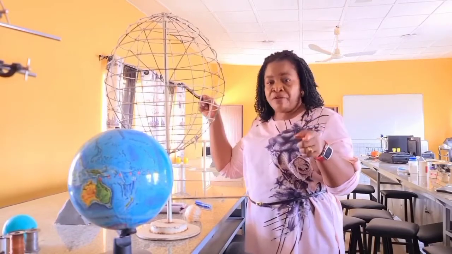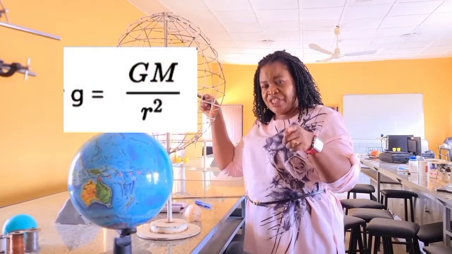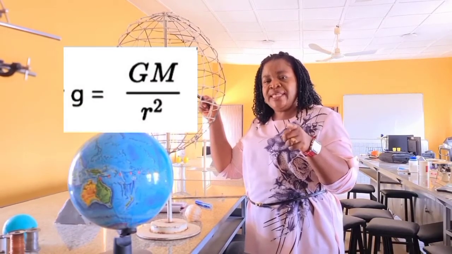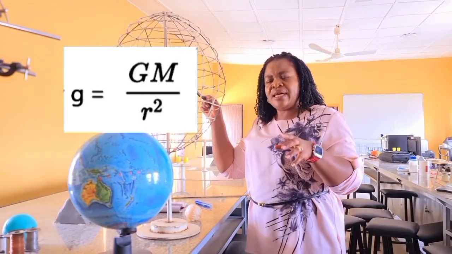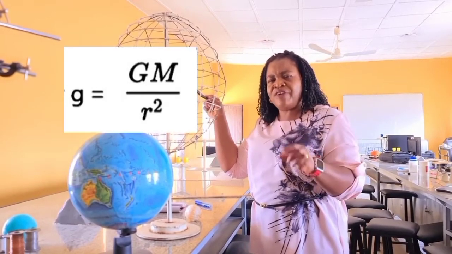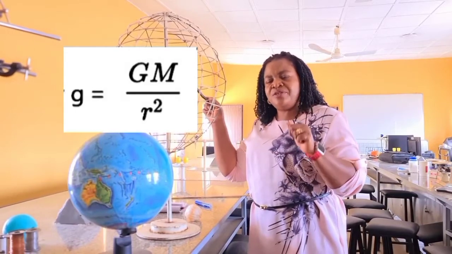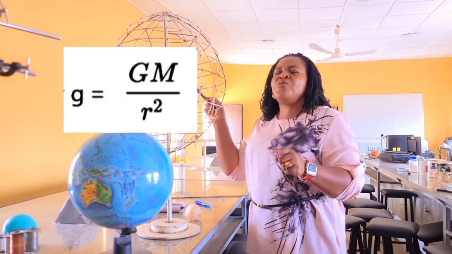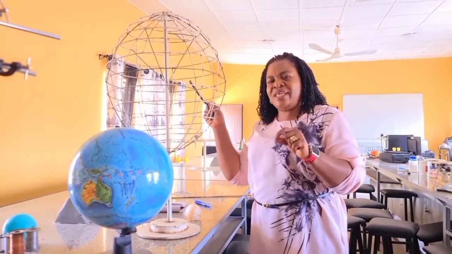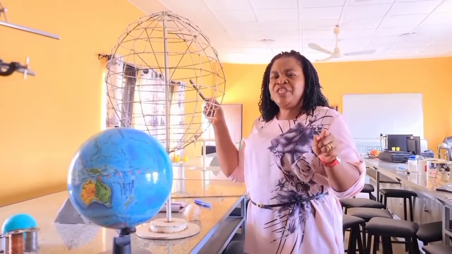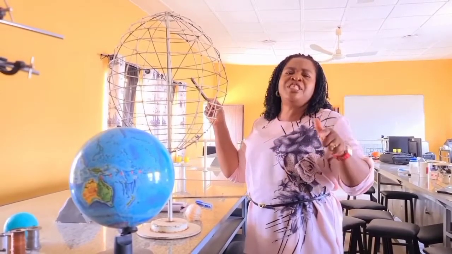And then looking at the formula put up there for you now: g is equal to capital G, the gravitational constant, times the mass of the earth, all over the radius of the earth squared. When R is in the denominator, if R is big, g will be small, and if R is small, g will be big.